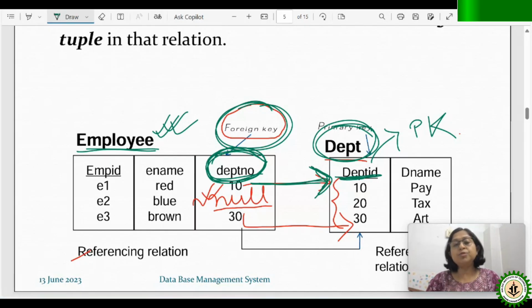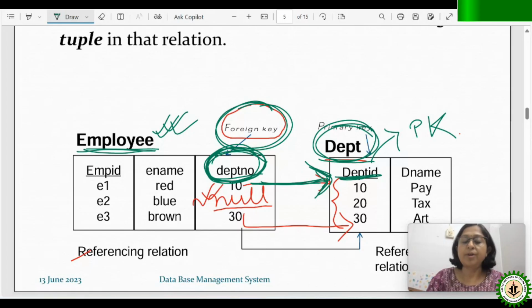In some future classes, I will give that kind of example. For now, remember that an attribute of a particular table which references the primary key of another table or itself, it may be self-referential also.